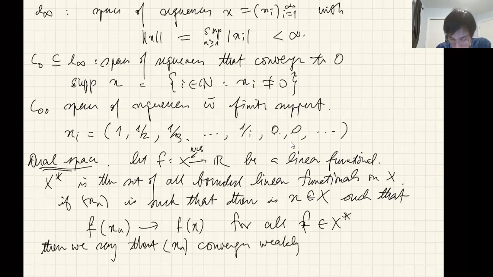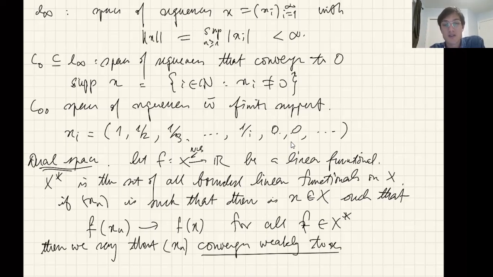Okay, so if xn actually converges to x, then this has to hold for every functional. If we're getting closer and closer, then because they're linear functionals, we're going to get closer to f of x also. But there's a weaker notion of convergence, and that's converging weakly. You may not actually converge, but for every functional, the functionals don't know that.